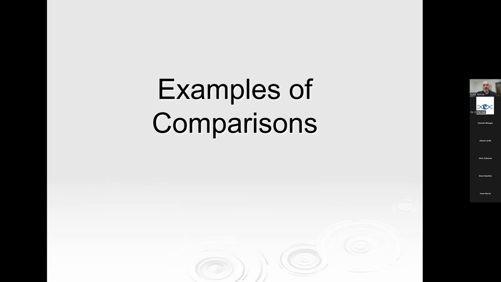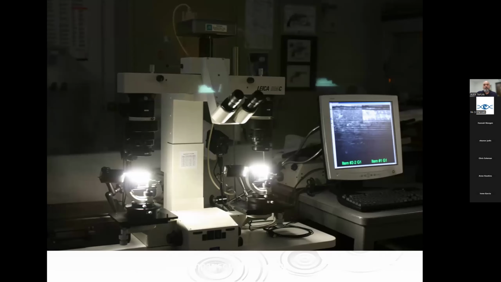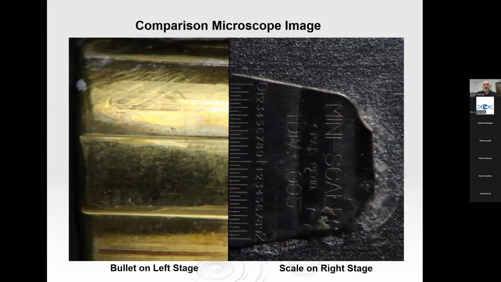So here are some examples of comparisons. We use a comparison microscope, and this is basically what we use. It is two scopes that are linked by an optical bridge, so that when we look through the eyepieces, this is basically what we see. You can see what's on the left stage and on the right stage and compare the objects together.